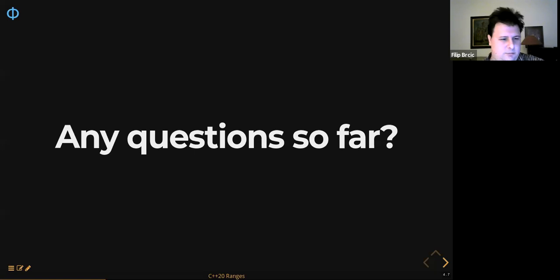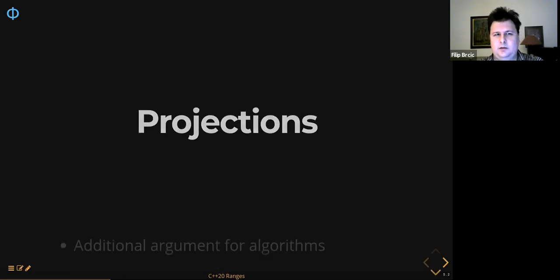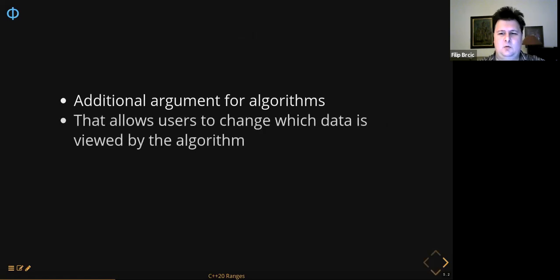Are there perhaps any questions so far? I don't see any questions. Okay. There's a new feature in algorithms called projections. They allow us to have an additional argument for algorithms and to modify which data is being used by the algorithm to do whatever the algorithm does.